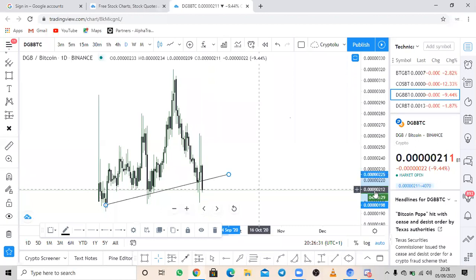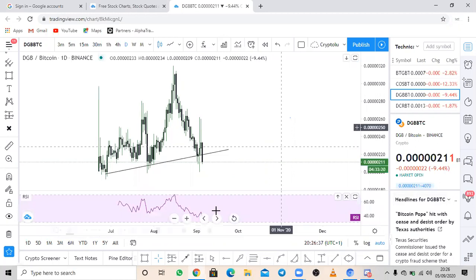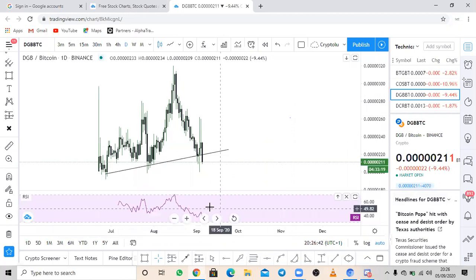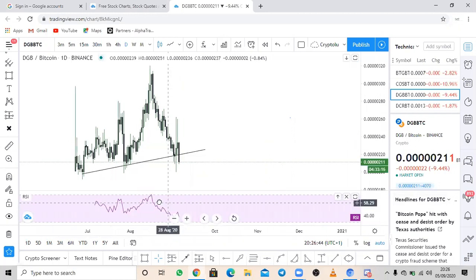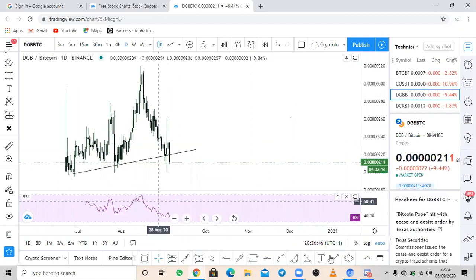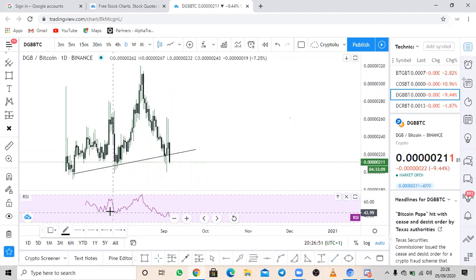We still have like 4 hours to go before the candle will close. So now when you check the RSI, you see that we have a bullish divergence. This is one of the reasons why I'm expecting that current candle to close as a weak.